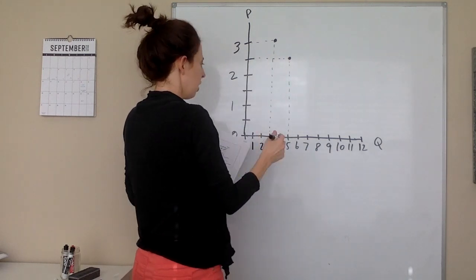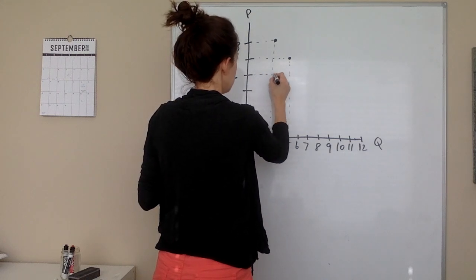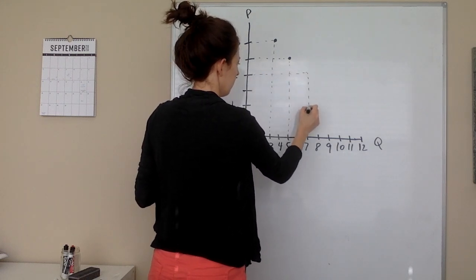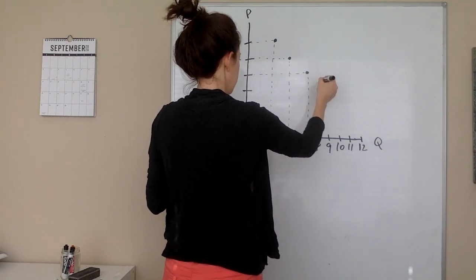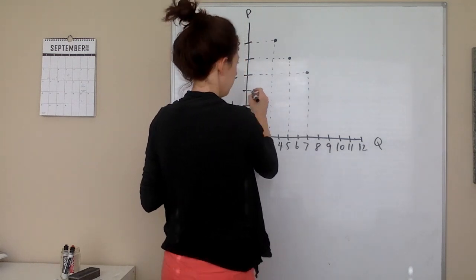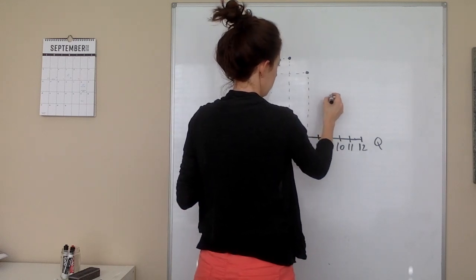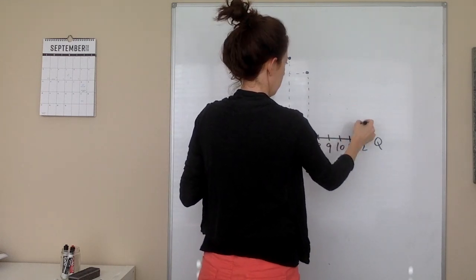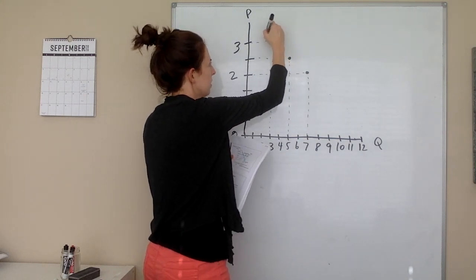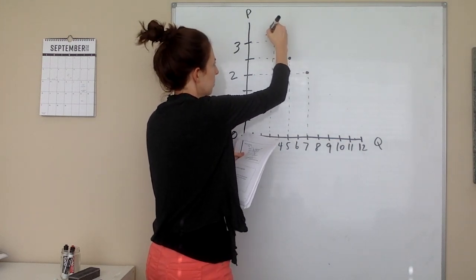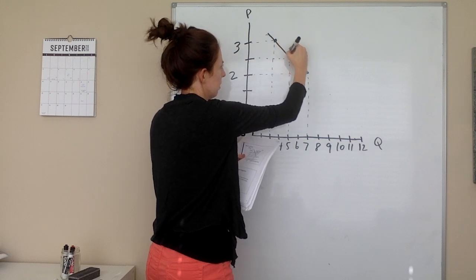If the price was $2, there were 7 units demanded in the market. And so forth. We just keep on going over 1, over 2. Okay, so we can connect those dots, and we can get the market demand curve.